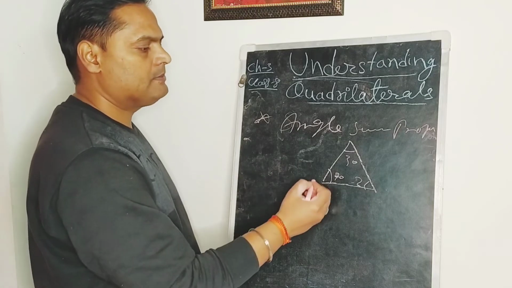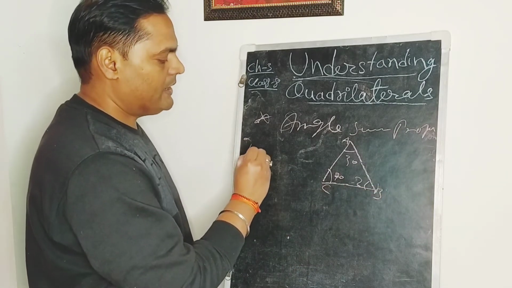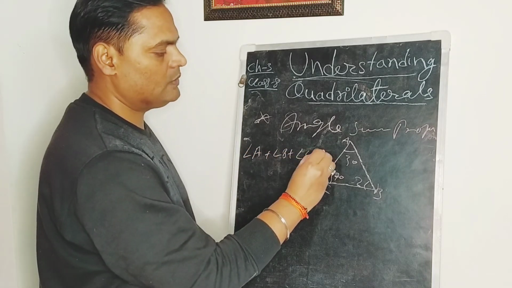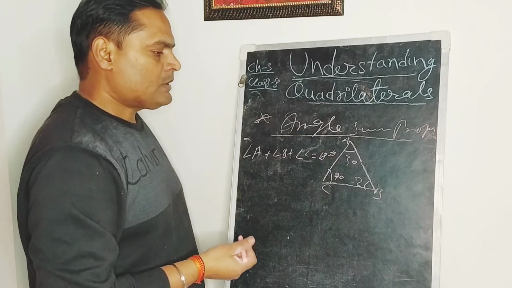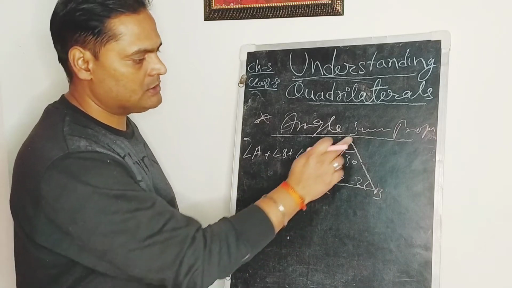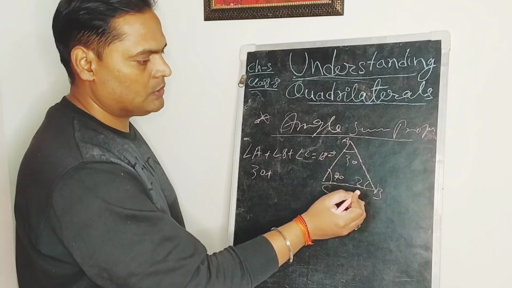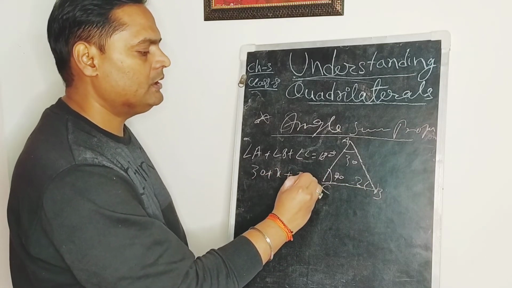According to the angle sum property, with angles A, B and C, angle A plus angle B plus angle C equals 180 degrees. Substituting, angle A is 30 degrees, angle B we need to find, let's suppose X, and angle C is 70.